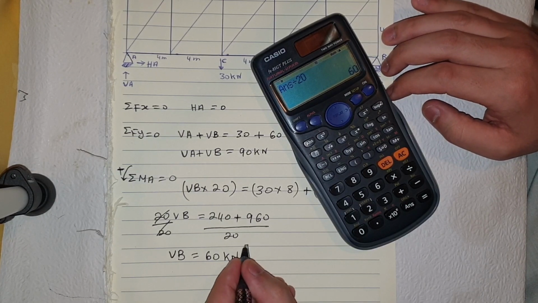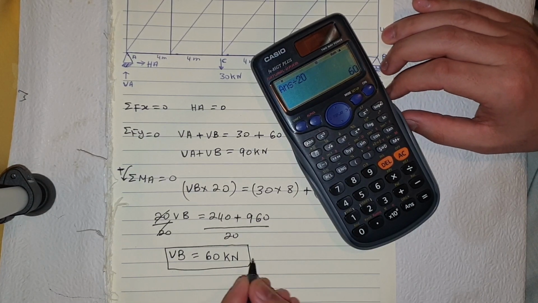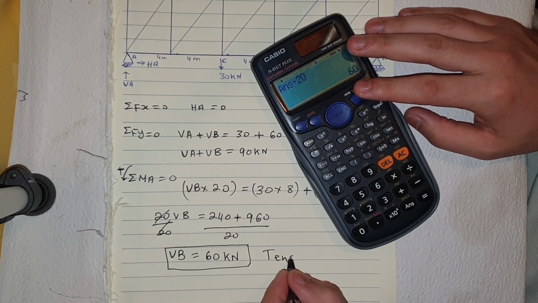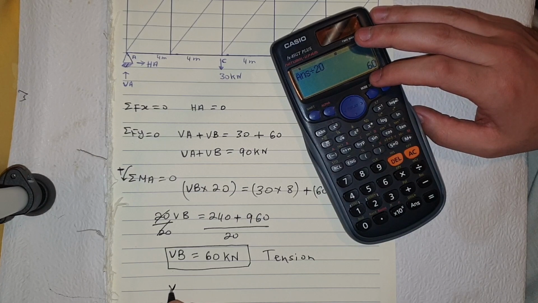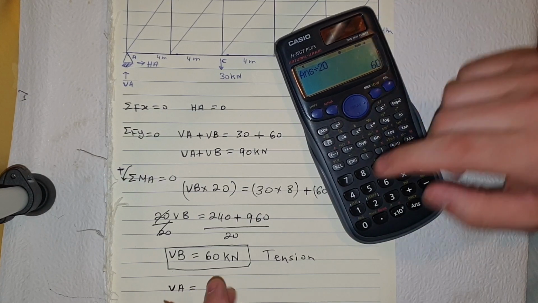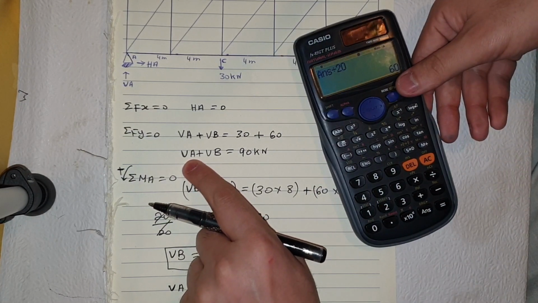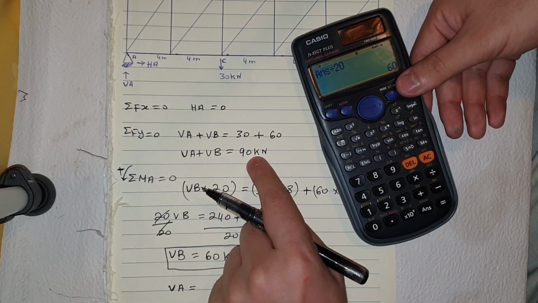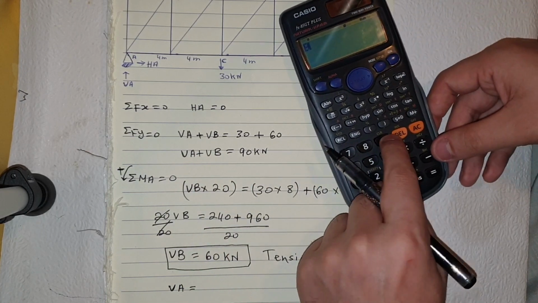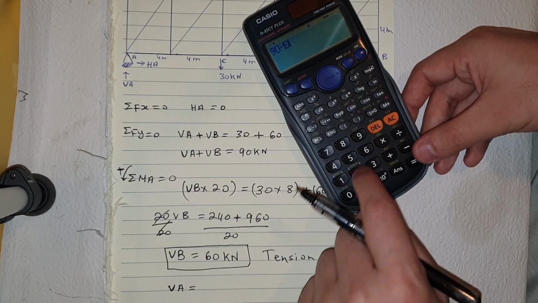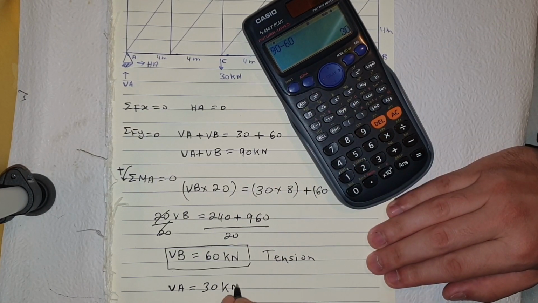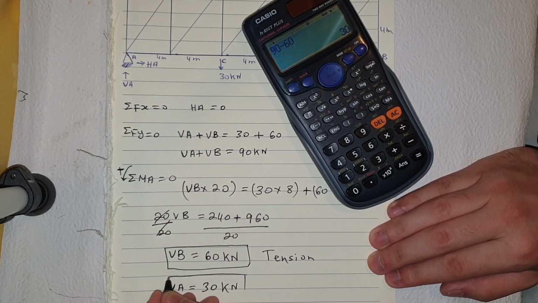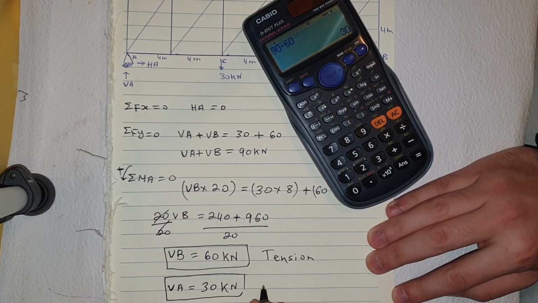That's the value of my VB, and that's a tension. So for the value of my VA, as I said, VA plus VB is equal to 90 kilonewton. So 90 minus 60 will be equal to 30 kilonewton. That's tension as well.